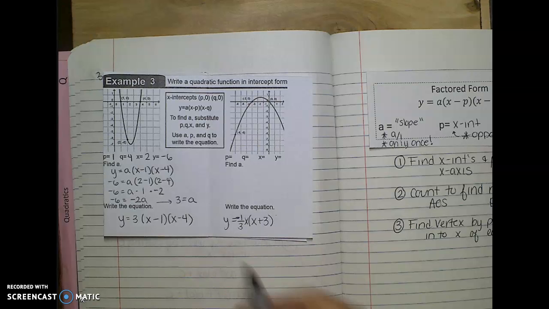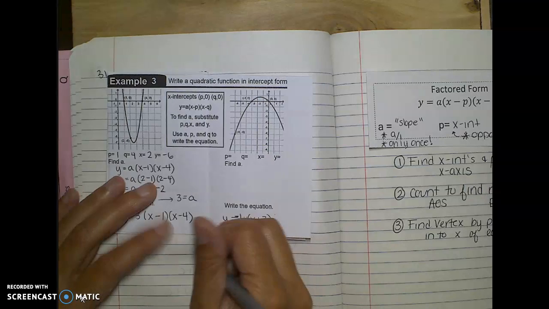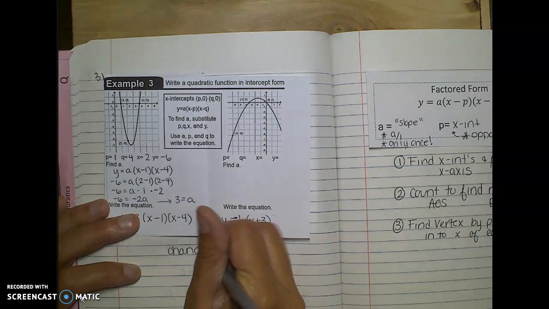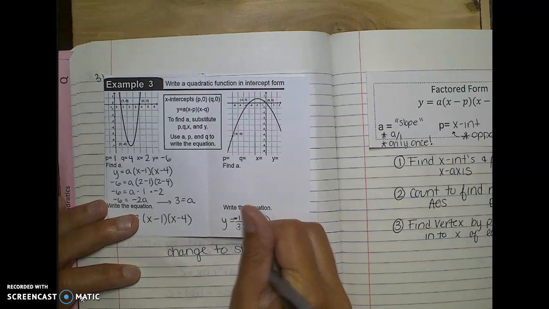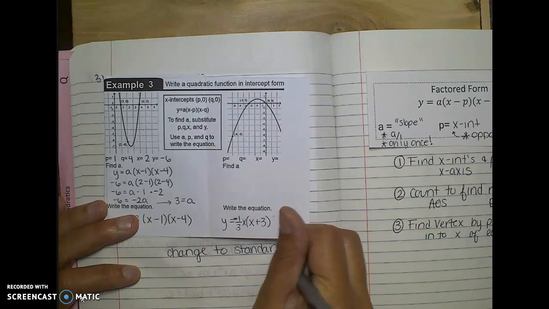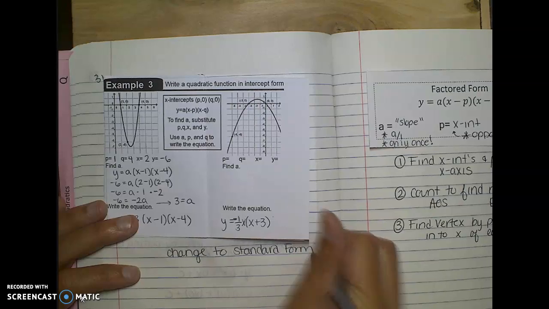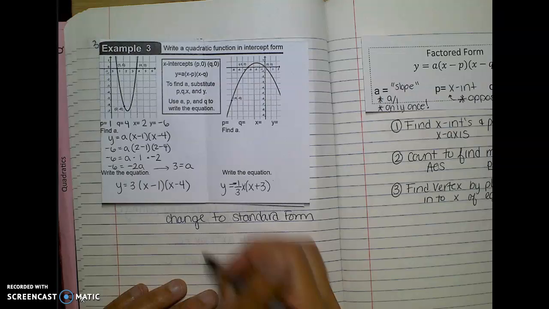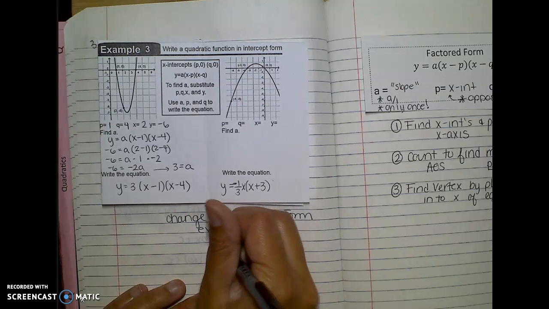Okay, then one last equation, actually the one we covered up on the back, said to change to standard form. When we change to standard form, like we talked about before, we essentially just do order of operations.